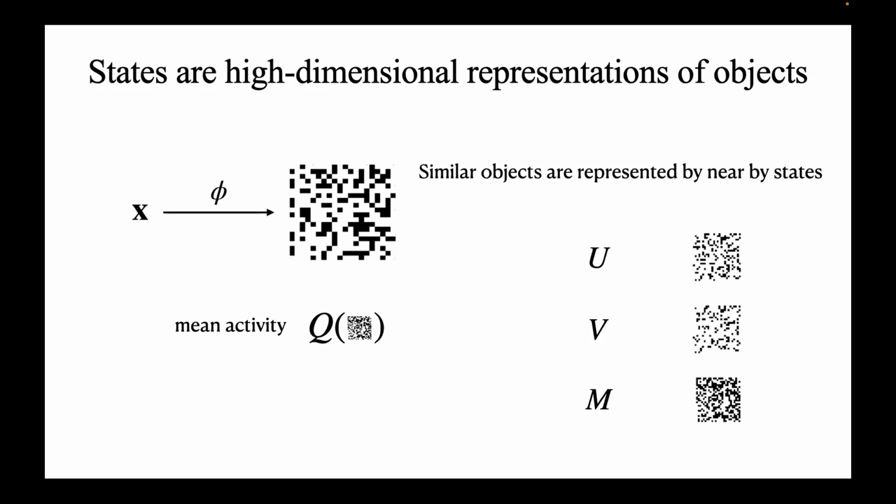So the idea is that similar objects like U and V are mapped to nearby states, having a small Hamming distance in this case, while those objects which are not too similar, like V and M, are represented by states which have quite a big distance. The only thing I assume is that this representation mapping is in some sense continuous.